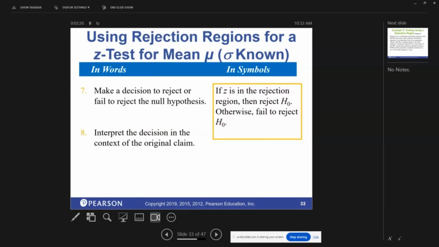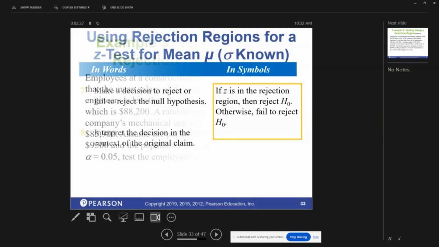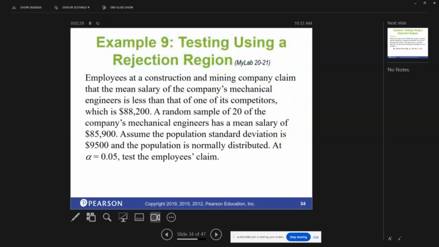Okay, let's look at an example where we work through all of that. So on this one, employees at a construction and mining company claim that the mean salary of the company's mechanical engineers is less than one of its top competitors, which is $88,200. So we've got the mean is less than 88,200.